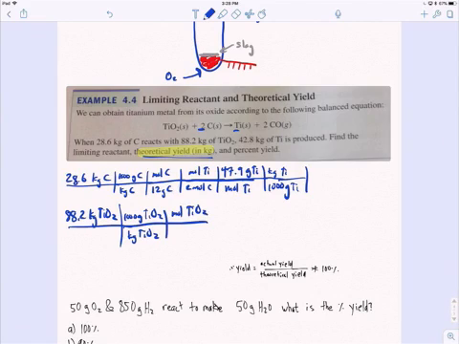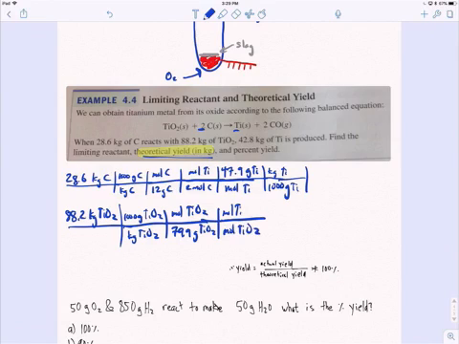Okay, so what is 47.9 plus 32? This is just the molecular mass of titanium dioxide, it's 79.9. And then mole Ti, sorry, mole TiO2.